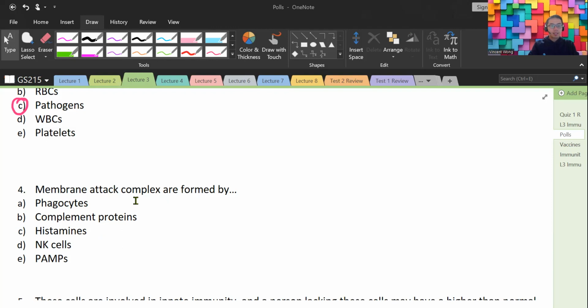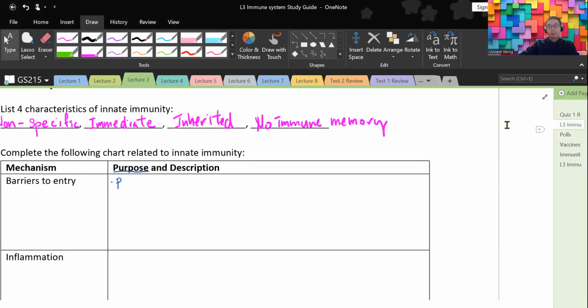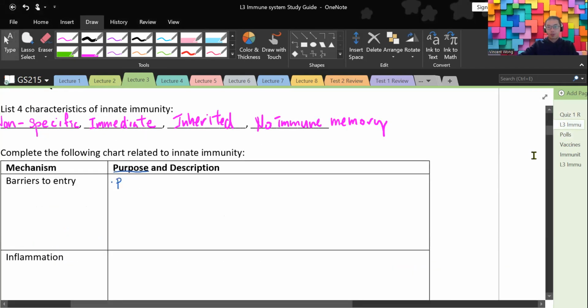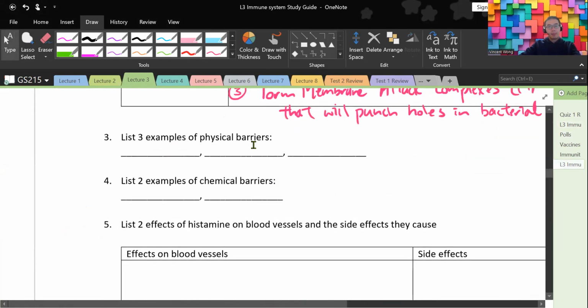The membrane attack complexes are formed by complement proteins, which would then punch holes in the walls of the pathogens, of the bacteria. Sorry. Okay, that's that. Moving on.